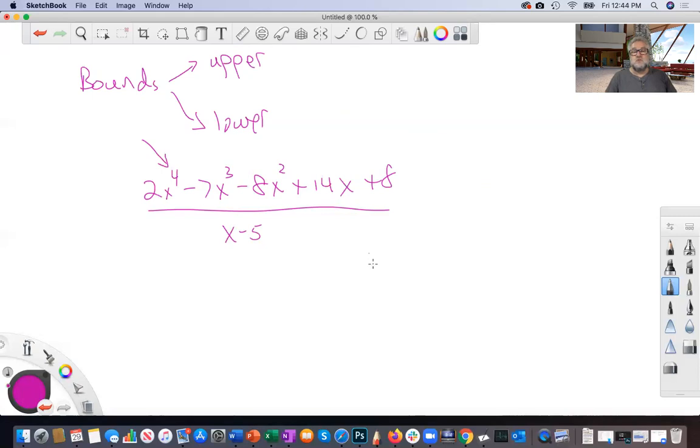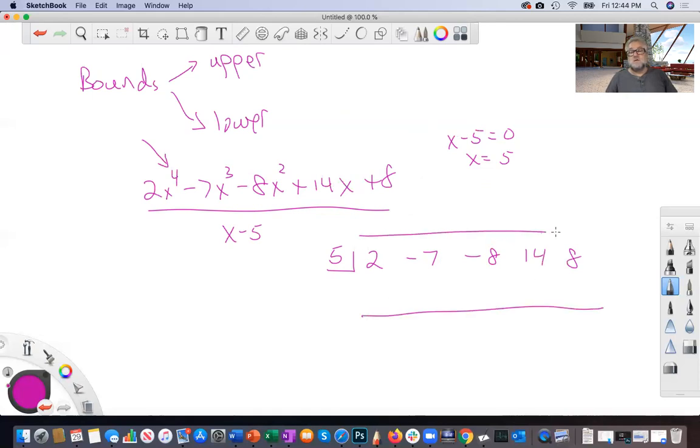Okay, so I do x minus 5 equals 0, so x equals 5, penalty box. Any terms missing? 4, 3, 2, 1, 0, no. 2, minus 7, minus 8, 14, 8.